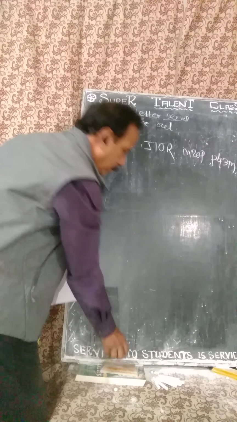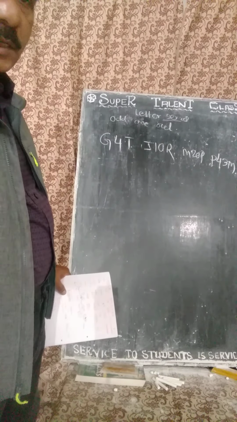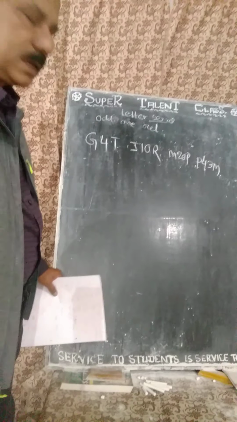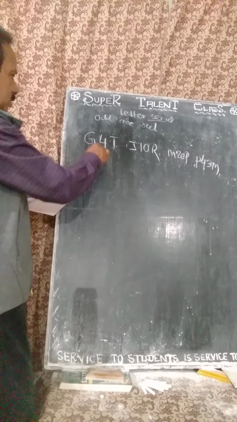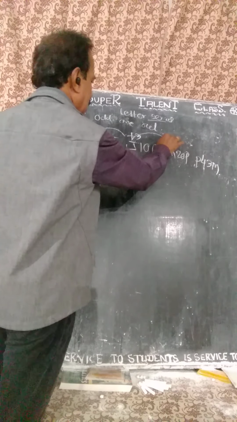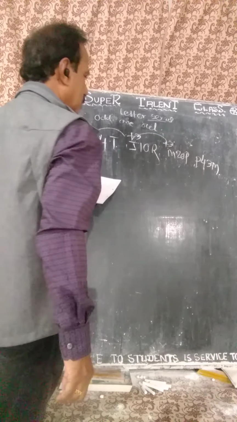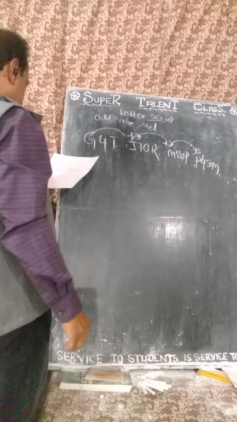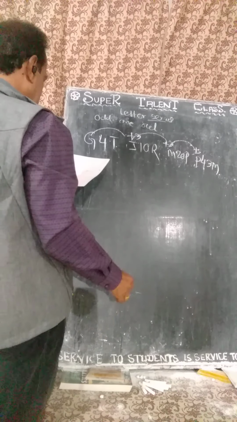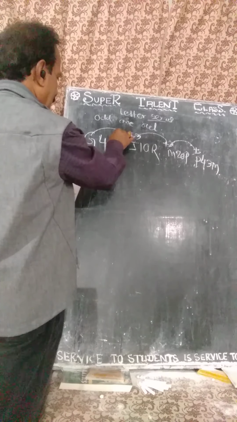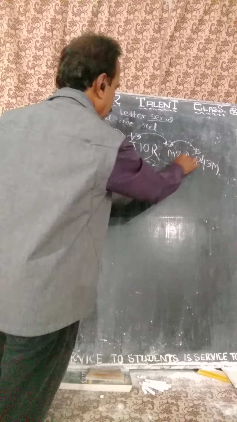That is P43M. G plus 3, plus 3, plus 3. G plus 3, then minus 2. R, S, T, plus 3, minus 2, minus 2.